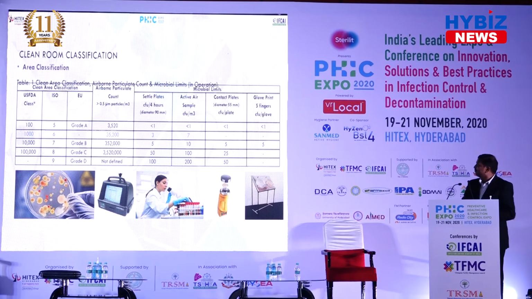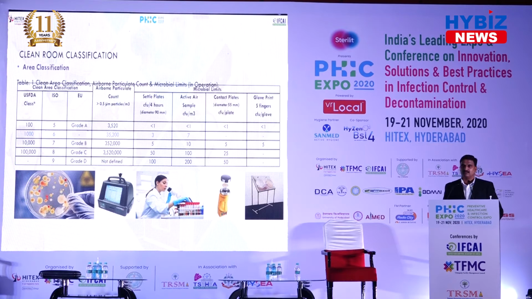And this is a very important part of the presentation, wherein if you understand this table, the next part of the presentation will be understood well. Moreover, this table speaks everything about the clean room. If you understand this table, you have understood 50% of the clean room aspects.